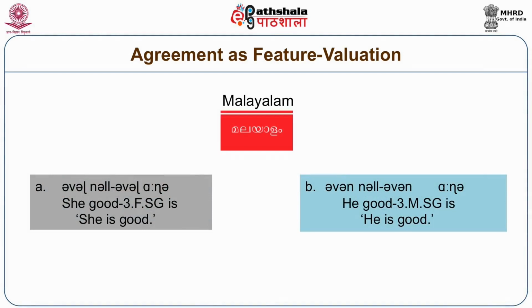In Malayalam, when you use a predicative adjective, like 'she is good', where good is the predicative adjective, you have the features of the pronoun, indeed actually the same morphological shape as the pronoun, copied onto the predicate adjective. So, aval, nallaval aana, where nalla is good and aval is the pronoun.